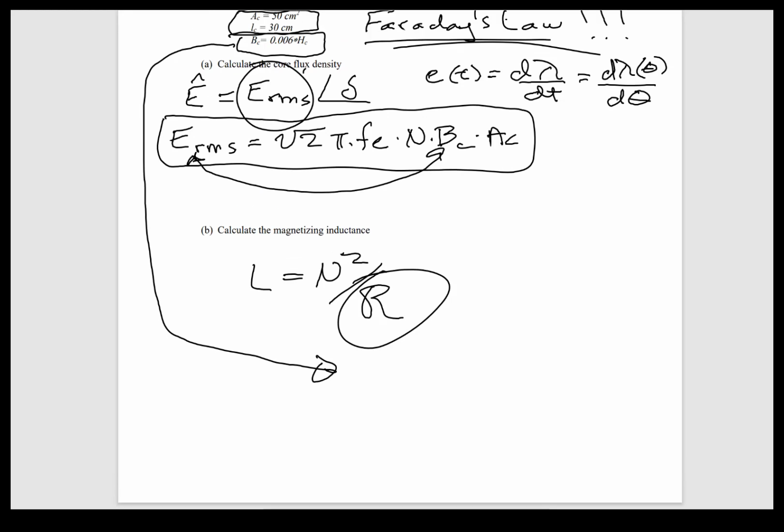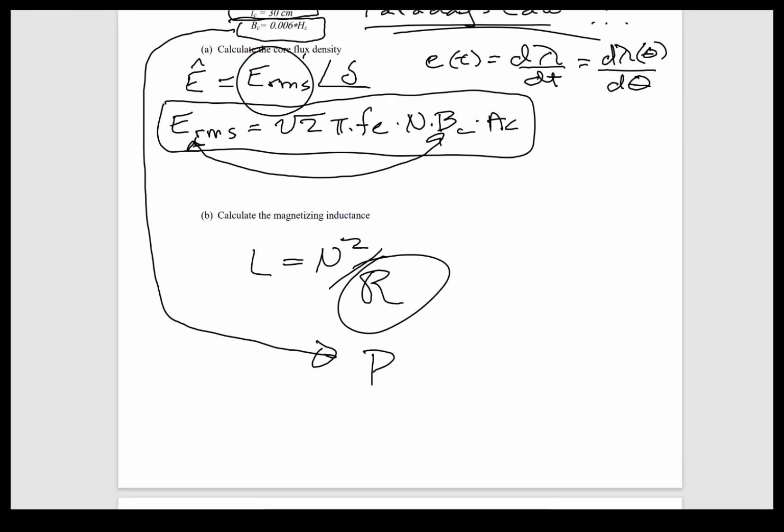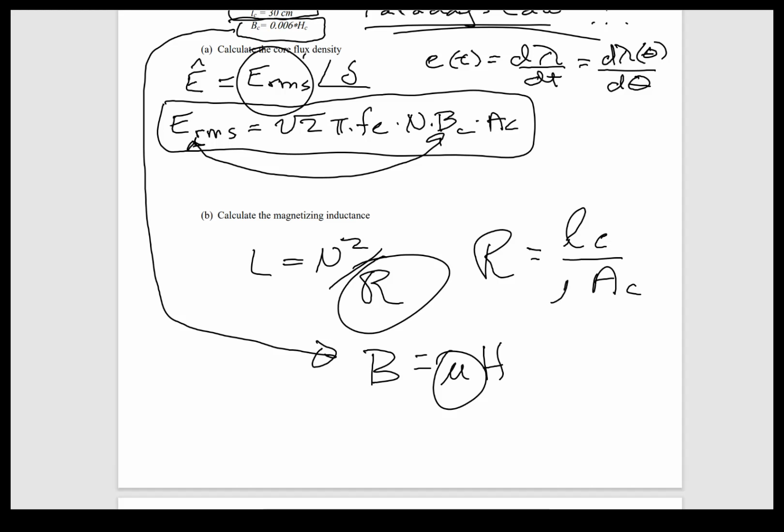But if you think about what you learned, B equals mu H. So the mu was the only thing you needed to know that you didn't have for the reluctance, which you've got. It's 0.006. So reluctance is equal to the length of the core over the area of the core times mu.